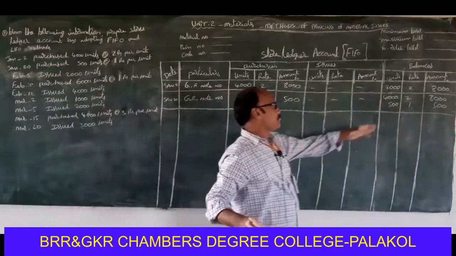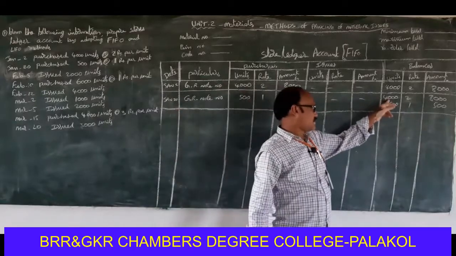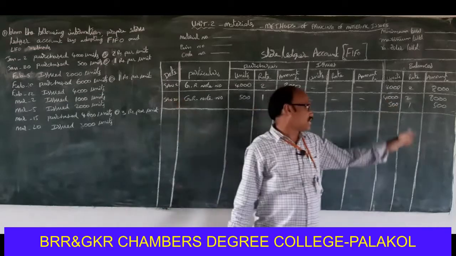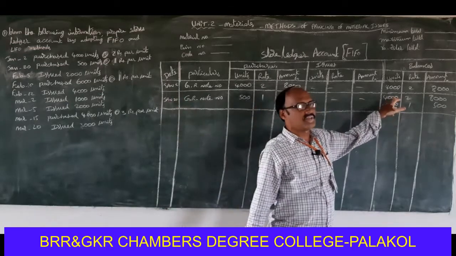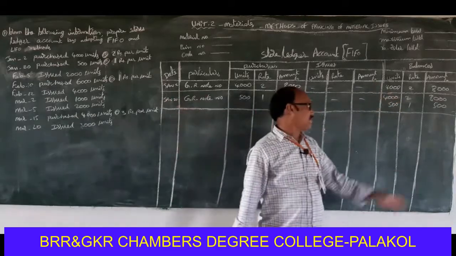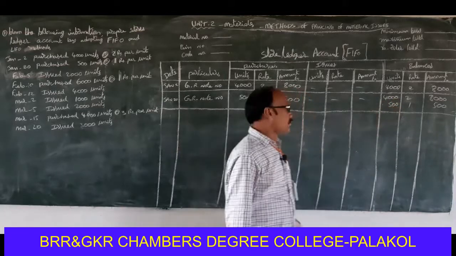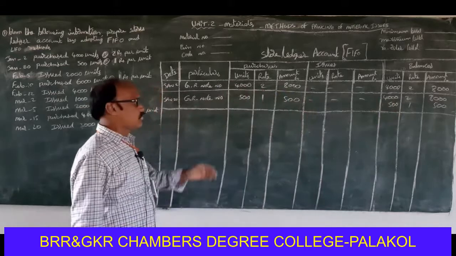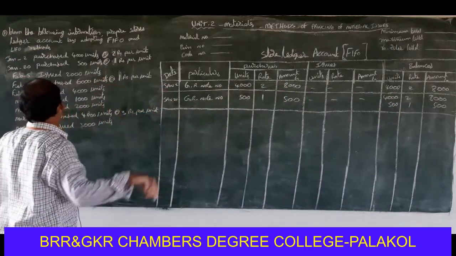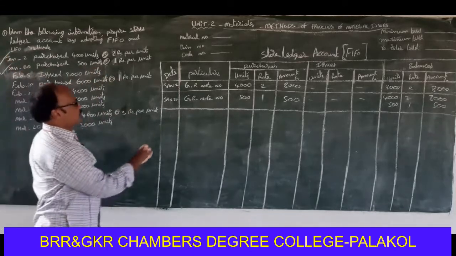So two types of material are available at the end of January 20th. The first was purchased January 2nd, the second January 20th. First in 4,000 units, second in 500 units. Next one, February 5th.